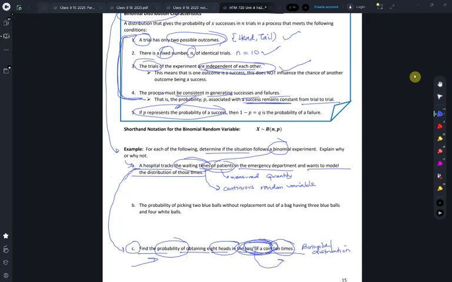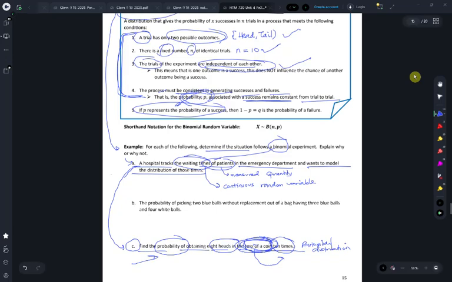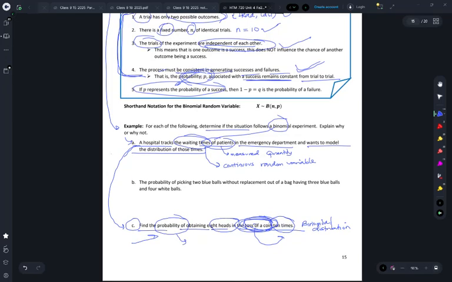The probability of getting whatever you're interested in, which is the head in this case, would be 50-50 or 0.5. So, since all of these conditions are met, this scenario can be described using the binomial distribution.